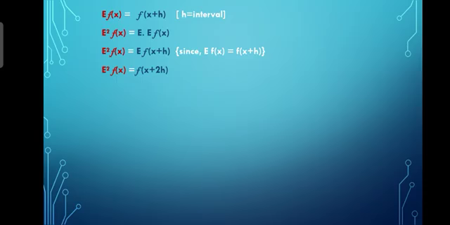This is the final value of E square f of x. Similarly, for E cube we get E cube f of x is equal to f of x plus 3h. Continuing so on, we get E raised to n f of x is equal to f of x plus nh. This is how we can get the values of every missing term, and it can be used to find missing terms. That is the displacement operator.